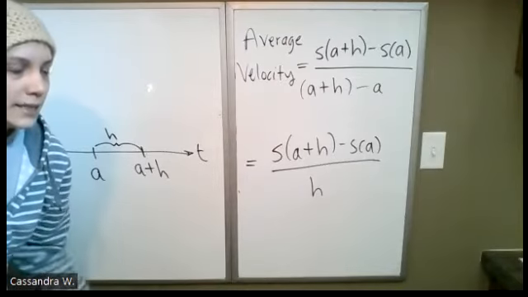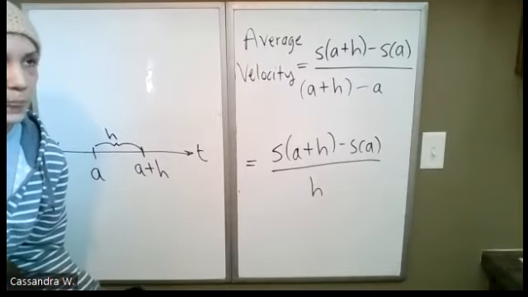To get to the instantaneous velocity when t equals a, we let h go to 0.